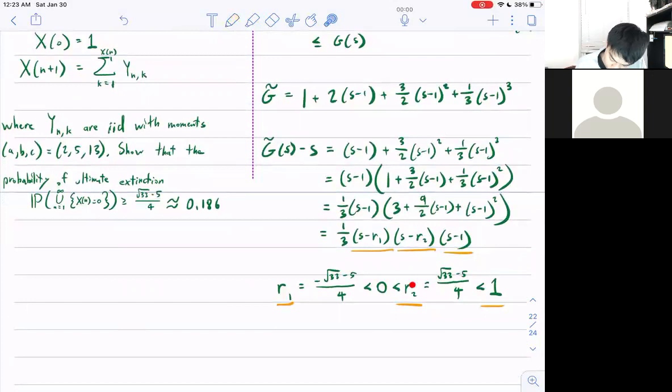Okay, it's annoying. But the reason why this is interesting is because clearly R2 right here is the smallest positive root, which we want, right? So we're almost there. But what does this expression tell us?